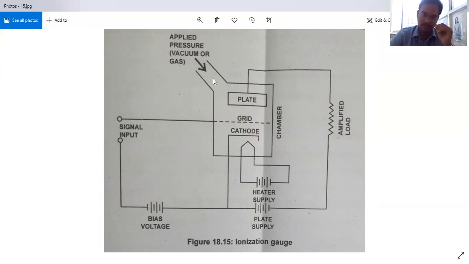Now, the applied pressure is what we are going to use here. So in this case, the basic principle involved is the photoelectric effect.